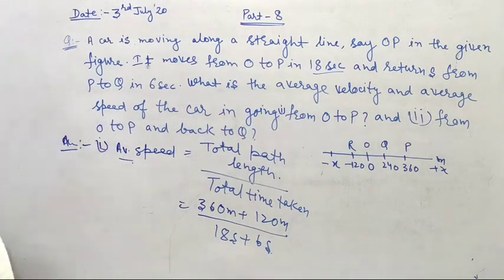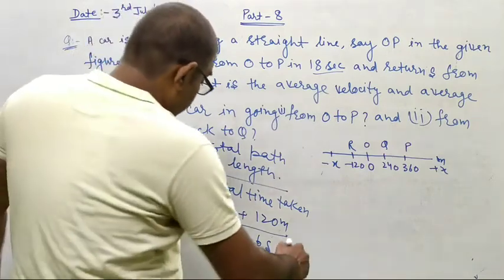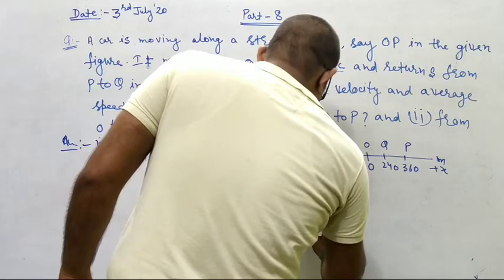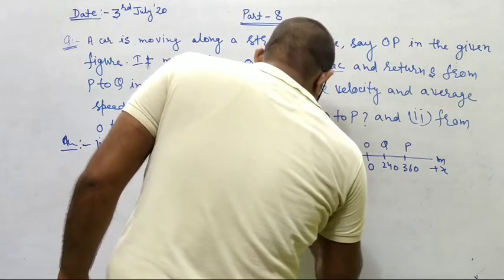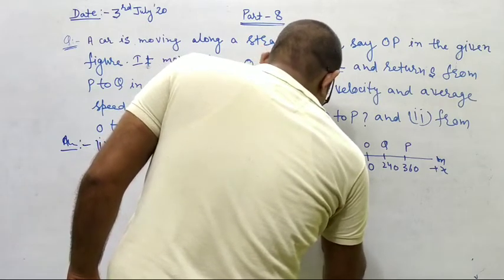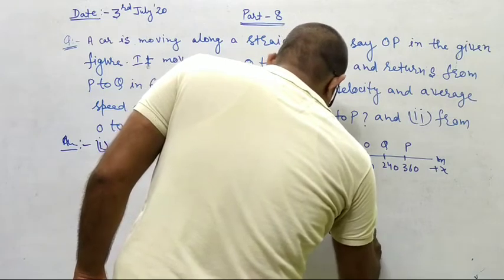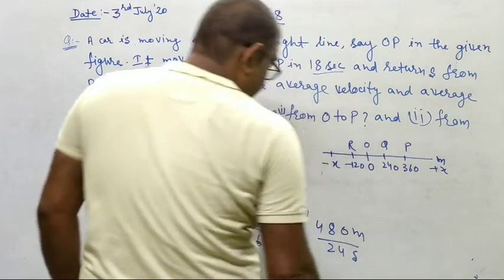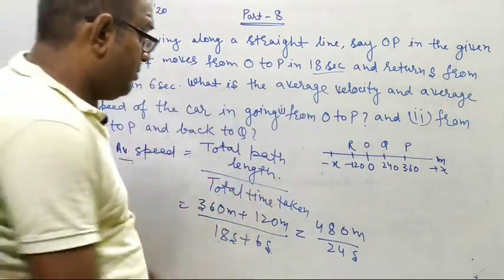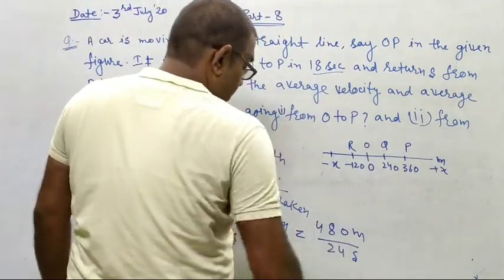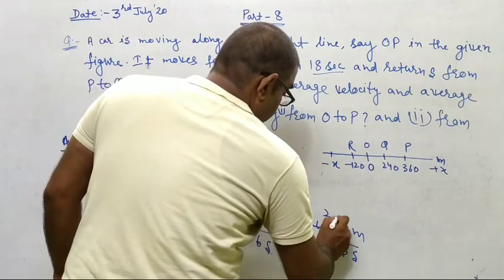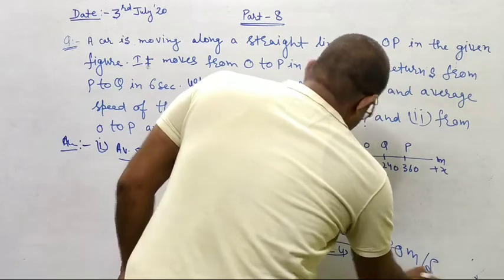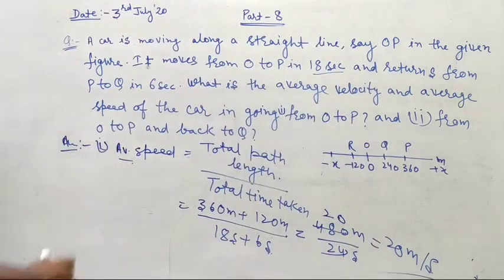It will be equal to 480 meter upon 24 second. Clear? 480 meter upon 24 second, 24 2 20, that is 20 meter per second. So average speed will be 20 meter per second.